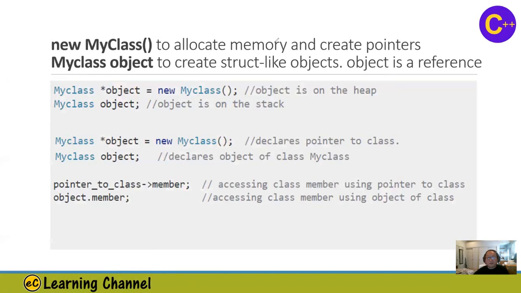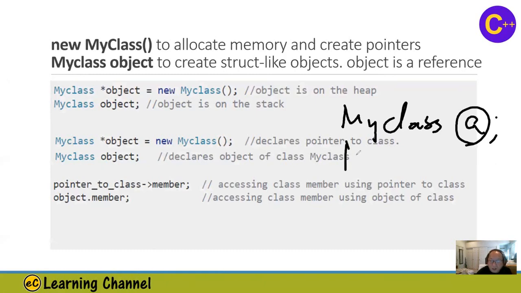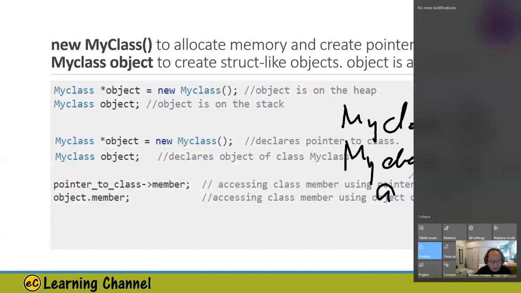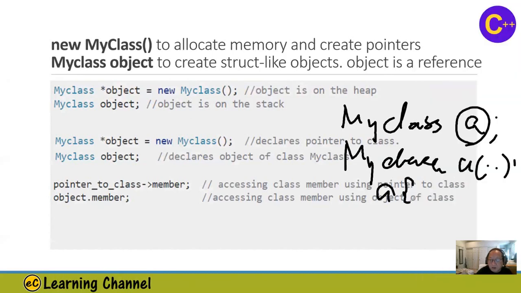Number one, if you do MyClass A, this will call the default no-argument constructor, okay? Second one, if you do MyClass A with some parameter, or A with braces in C++11, that will call the constructor with parameter, okay, these two.